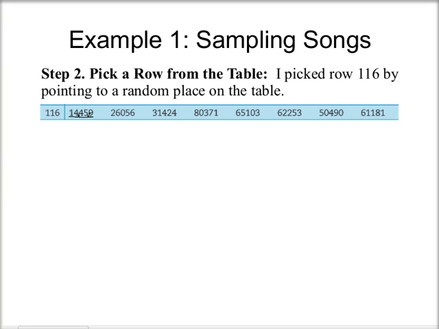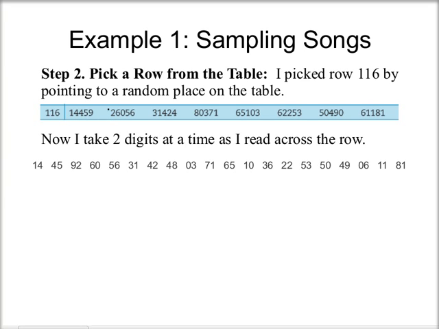My next label is going to be 92. If I keep going, this is what I get. So I get 14, 45, 92, 60, 56, 31, 42, 48, and so on. So this is just the same numbers that I had in my row, but I've split it up so that they're in 2 digits instead of in groups of 5.